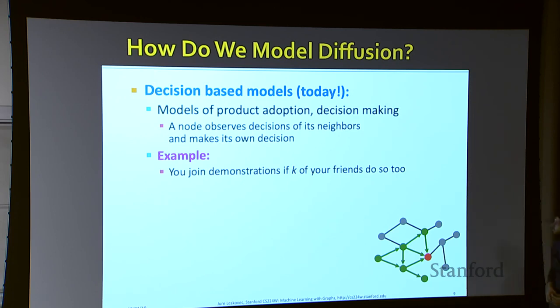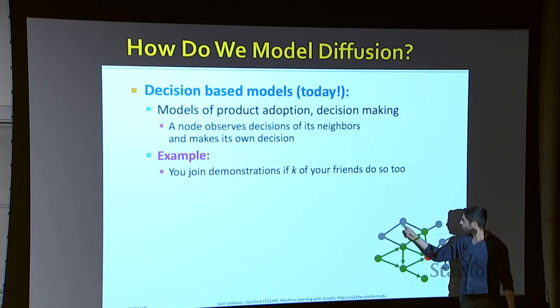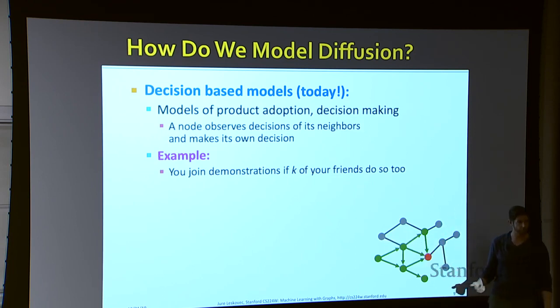In these decision-based models, we allow nodes to make local decisions, okay? You can think of each node here as a person who decides to adopt a certain technology or not. So we make all the decisions node-based. You can decide, I want to install this new app on my phone, or I want to buy this new piece of hardware. These are decision-based models.